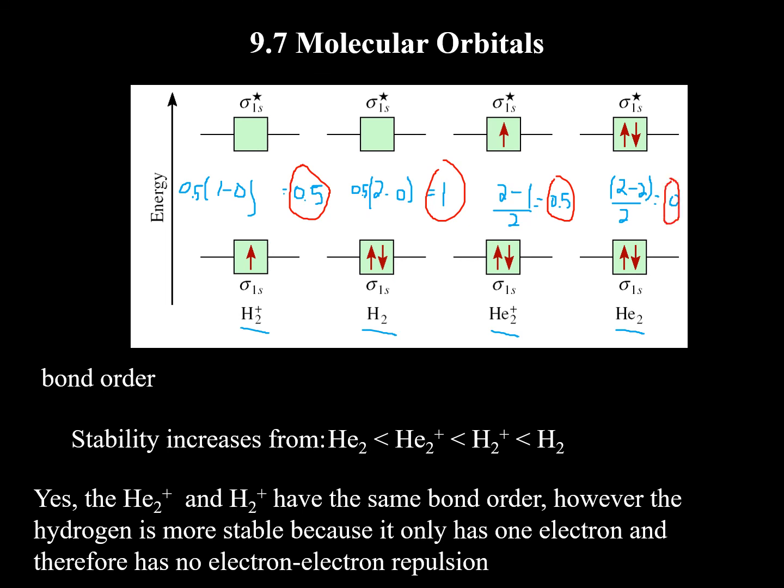So the most stable one would be H2. The least stable one would be He2.